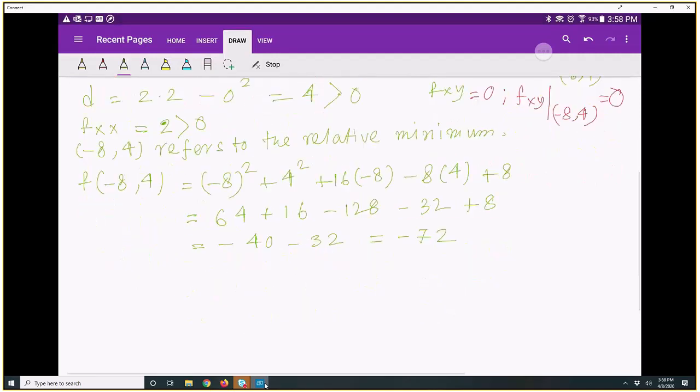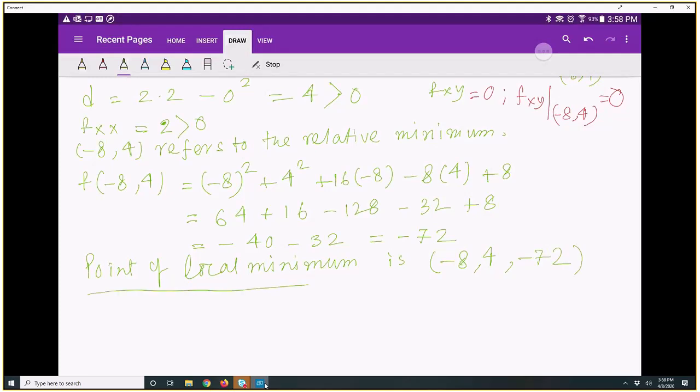So I say the point of local minimum in this problem is given by negative 8 comma 4 comma negative 72. And if you remember, that was exactly what we obtained from our work just doing the algebraic manipulation of completing the square.